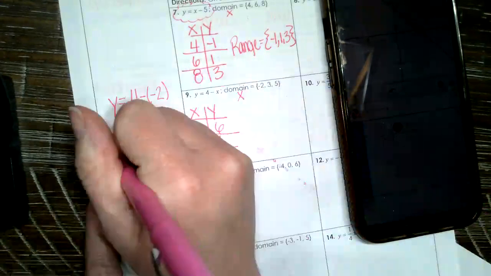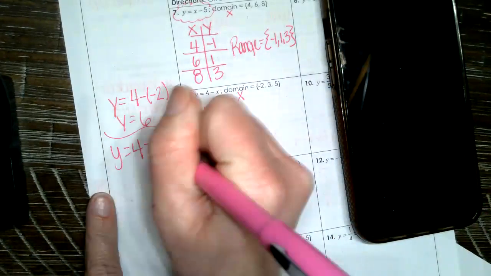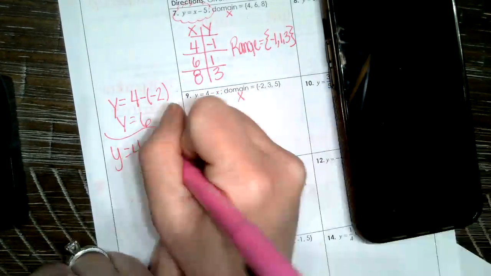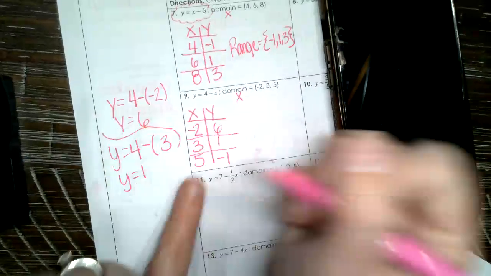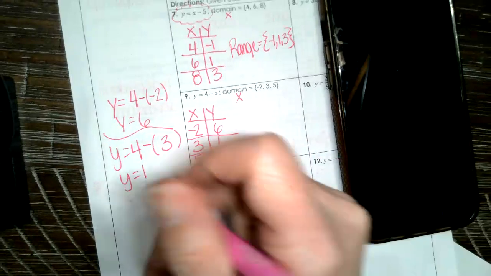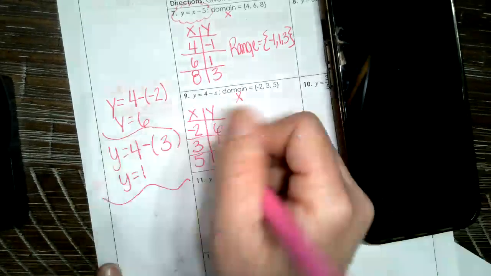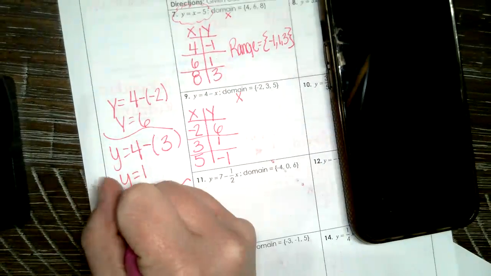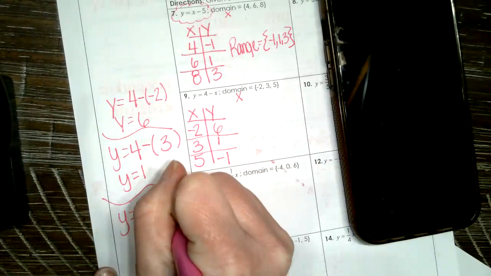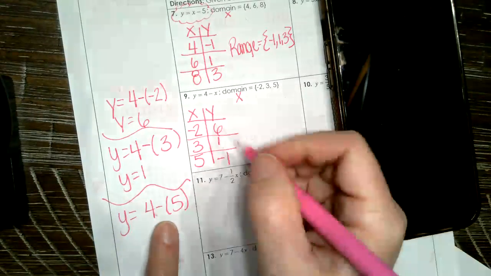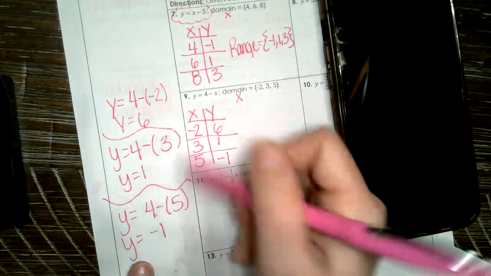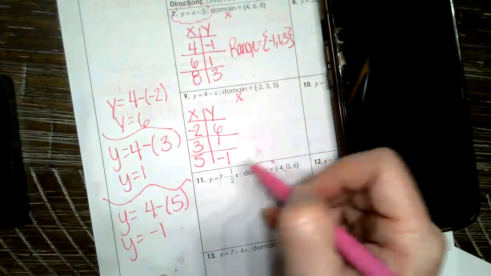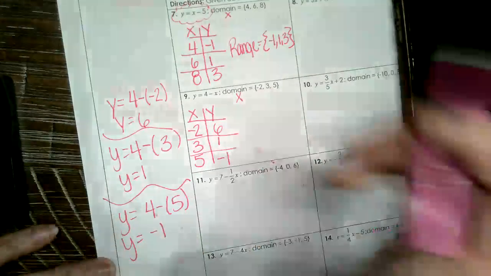So then if I try again, Y equals 4 minus my X value, which was a +3. 4 take away 3 is 1. That's what my Y value was. So that's how they're actually doing the math behind it. 4 minus my X value was 5, and that's how you get -1. So this is the math behind it, but we do know that we can just use the calculator.